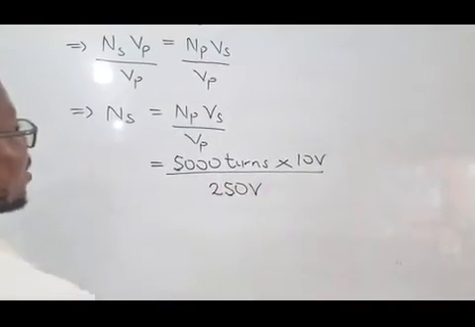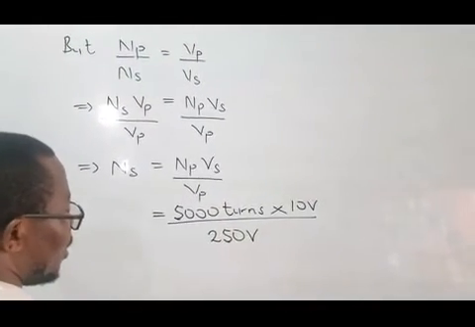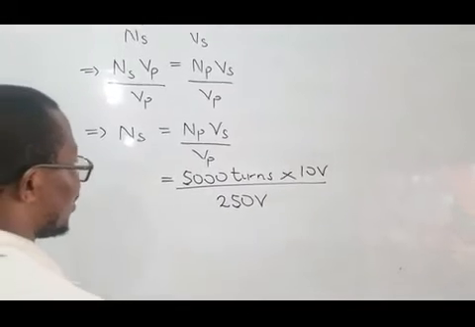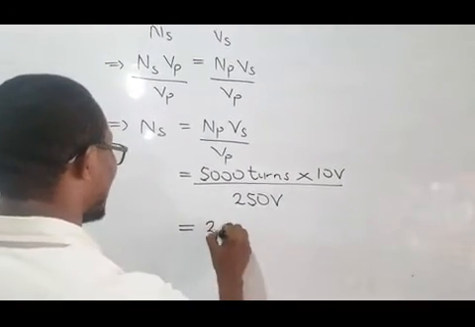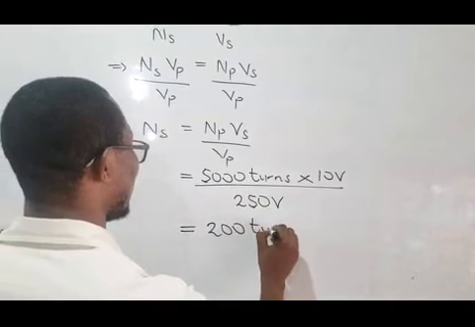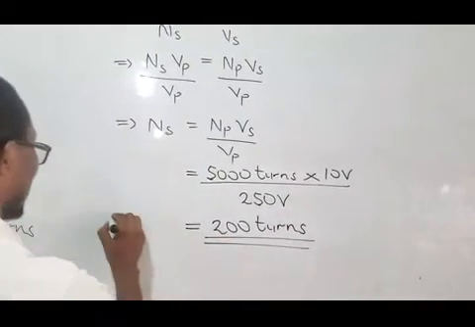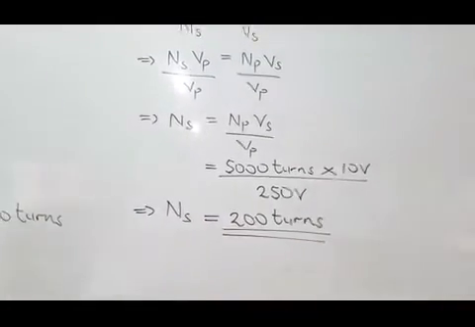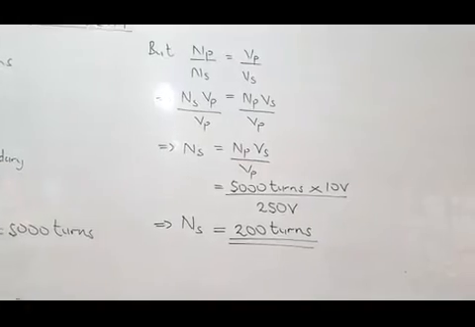The voltages cancel out. 25 goes into 500, that will be 20. And then 20 times 10 will give you 200. So the number of turns in the secondary coil is therefore equal to 200 turns.